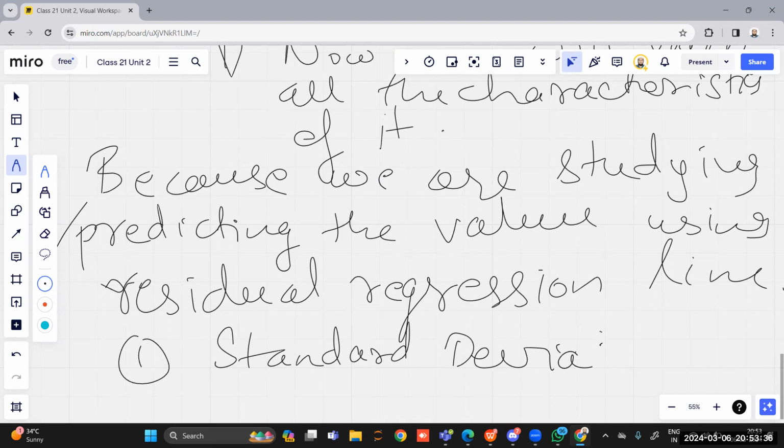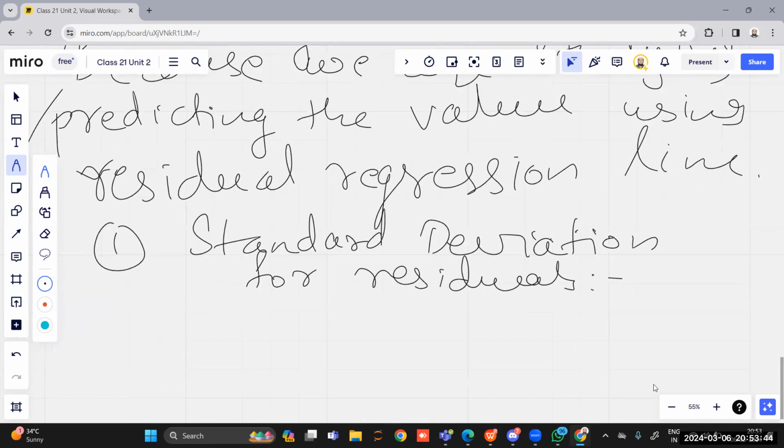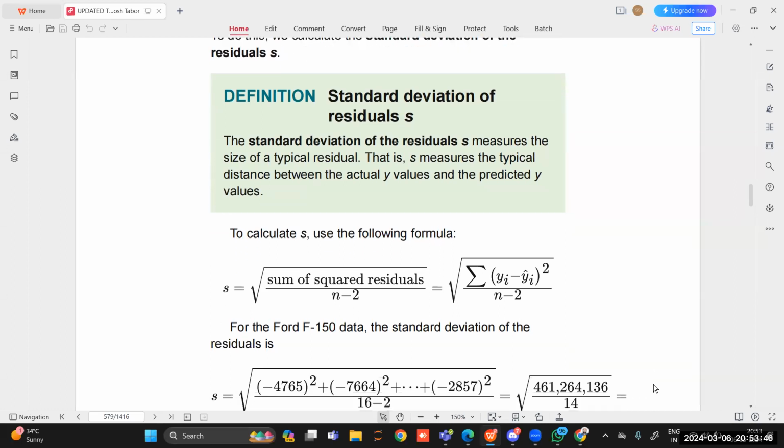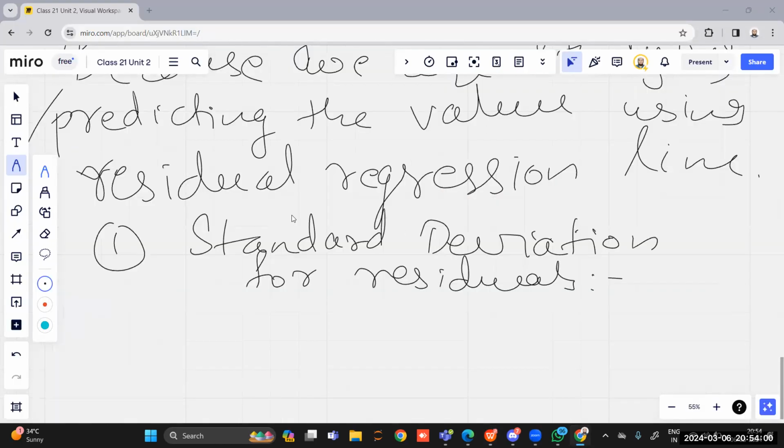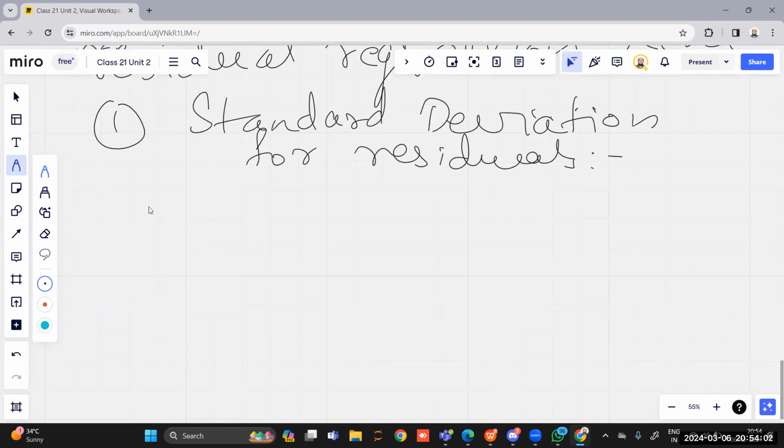The standard deviation of the residuals, S, measures the size of a typical residual, that is, S measures the typical distance between the actual Y values and the predicted Y values. What does standard deviation generally do?